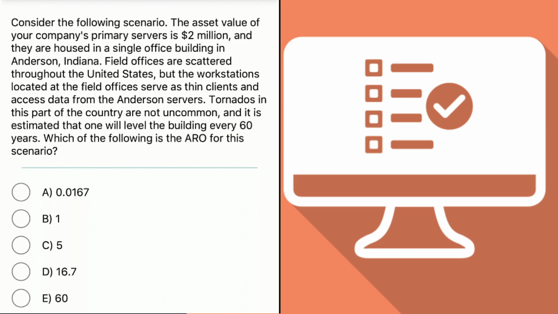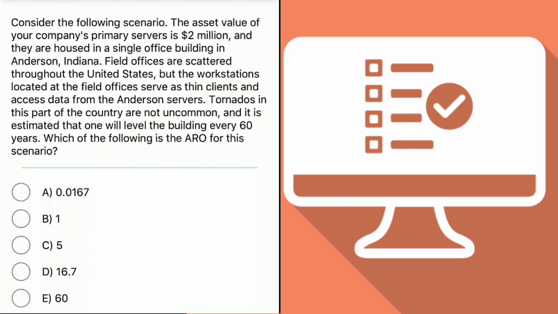Consider the following scenario. The asset value of your company's primary server is 12 million and they are housed in a single office building in Anderson, Indiana. Field offices are scattered throughout the United States, but the workstations located at the field offices serve as thin clients and access data from Anderson's servers. Tornadoes in this part of the country are not uncommon, and it's estimated that one will level the building every 60 years.